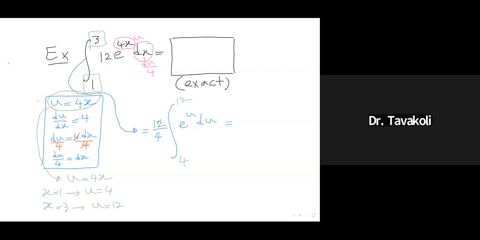Okay, now let's do this. First of all, 12 over 4 is 3. So 3 times the antiderivative of e to the u, which is e to the u, evaluated at the limits of the integral.